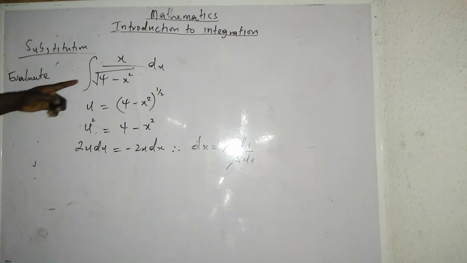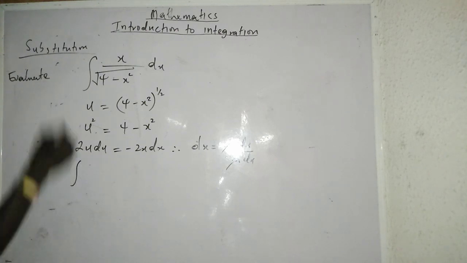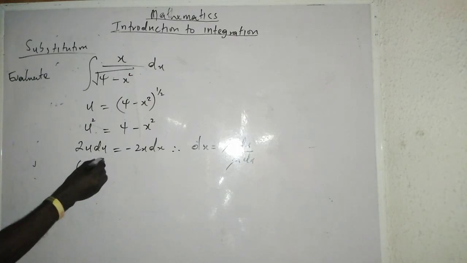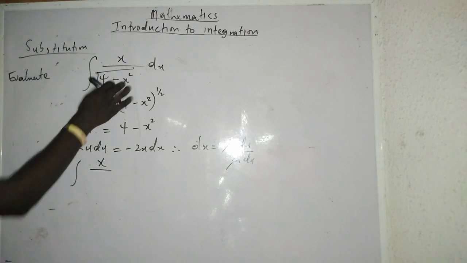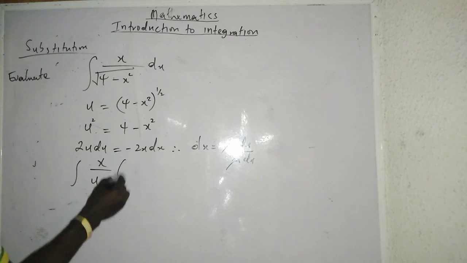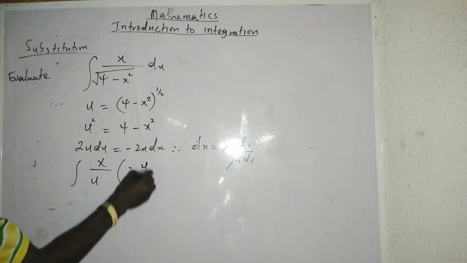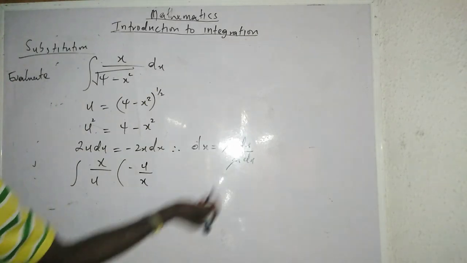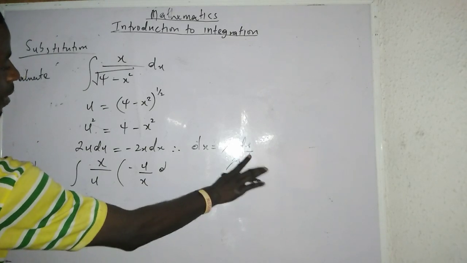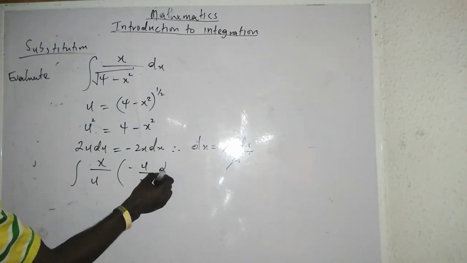I can now come back to where I'm coming from. The integral: I have my x all over u, and everything becomes u. Then, in place of dx, I have minus u du all over x, because the 2 cancels out.